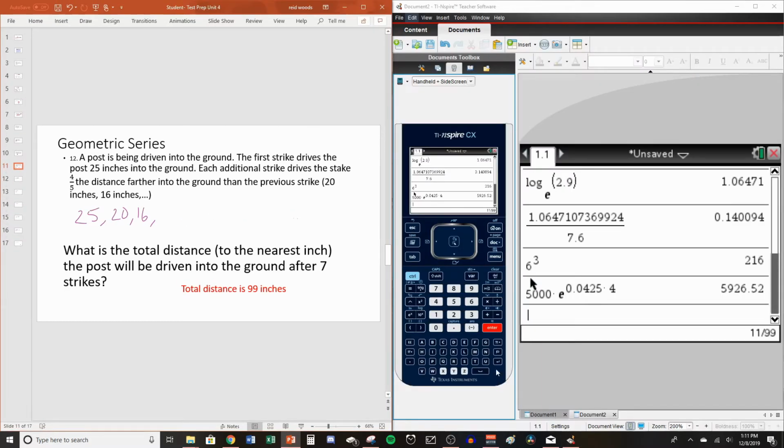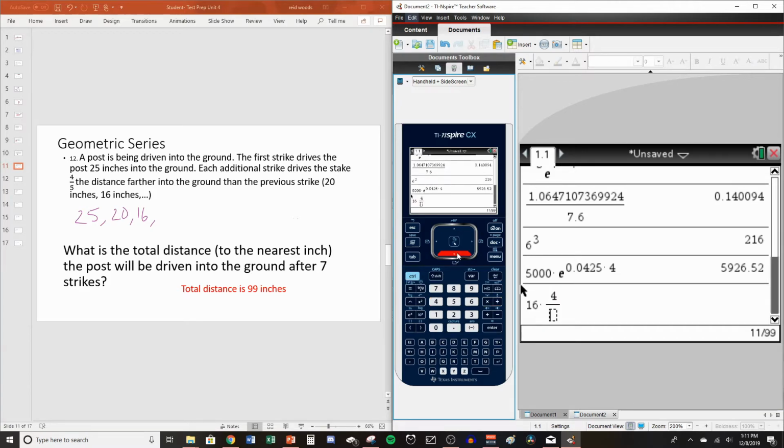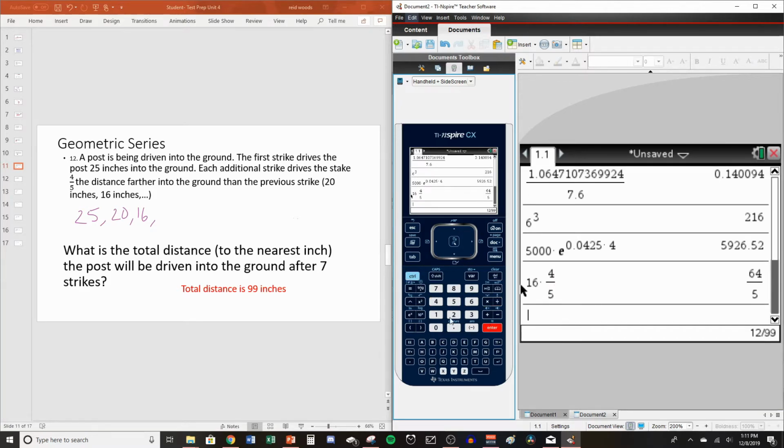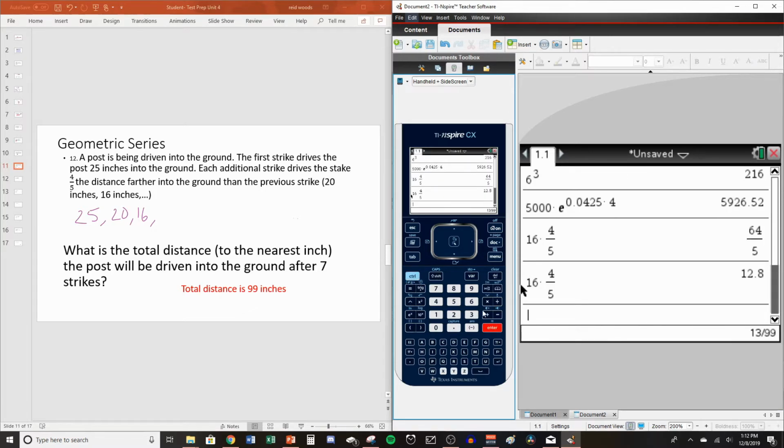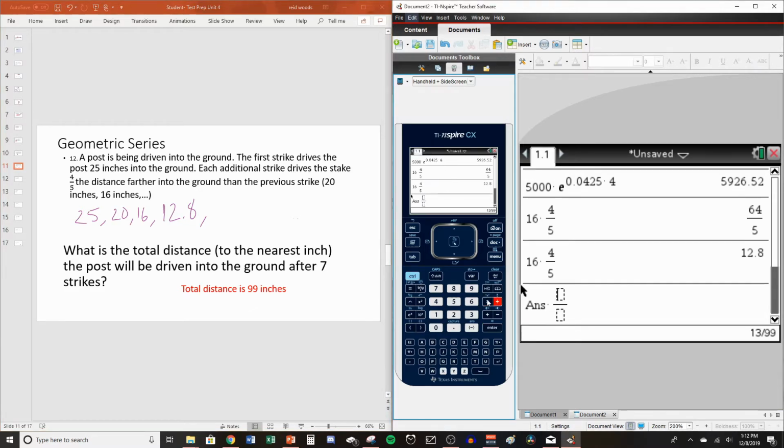Do that. And we are going to take that 16, and we're going to multiply it by, make a fraction, control divide, 4/5. That would be 64/5, which we're going to hit control enter to get a decimal. That's what we want. So it's 12.8. So that's our 4th strike. Then we want to take 12.8 times 4/5 again.